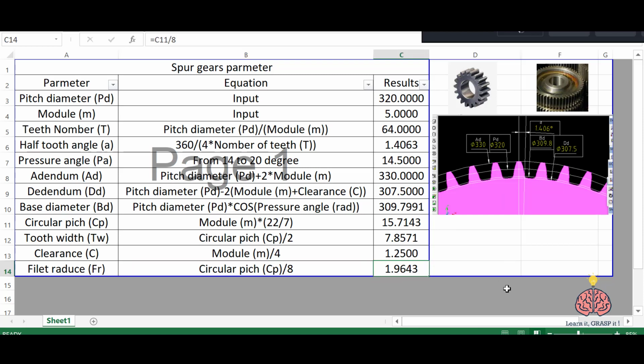Next, we can take these results from this Excel sheet and go to draw the involute, which is half of the tooth, and make a pattern to complete this example. It's special for spur gear, and these are the parameters which we need to calculate, draw and design our spur gear.